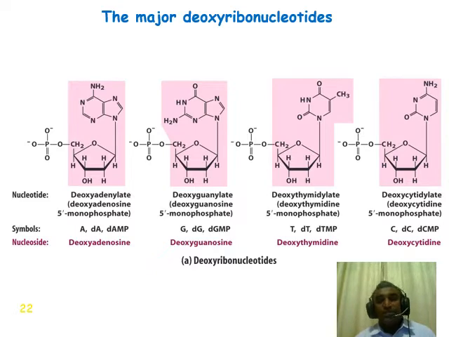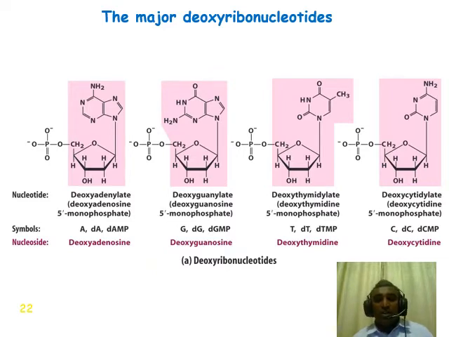Then you have the nucleoside in the form of deoxyguanosine or deoxyguanylate, and then you have deoxythymidylate or the nucleoside deoxythymidine, and lastly you have deoxycytidylate or deoxycytidine.